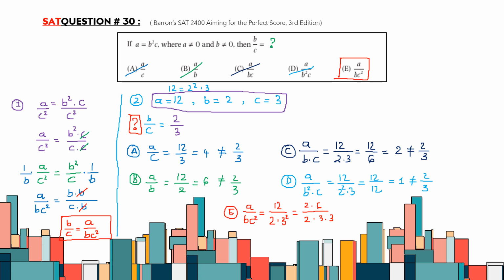So let's rewrite this one: 2 times 2 is 4, times 3 is 12. Now we cross out the common factors and simplify. We have 2 over 3, and only E is equal to 2 over 3. So E is the right answer.